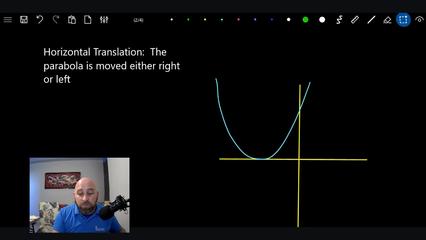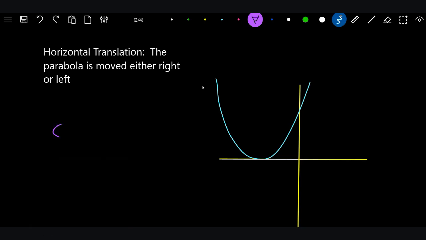Well, what does this one look like? Well, this one's a little interesting. We're going to learn more about it later, and we're going to learn a whole lot about it in Algebra 2. But this one looks like y equals, or function of x equals, actually would probably be a better way to write it. That's how the book writes it. So function of x, we're not using y anymore right now, equals x squared, but it's not x squared anymore. That's the parent, okay? And so here's the translation.